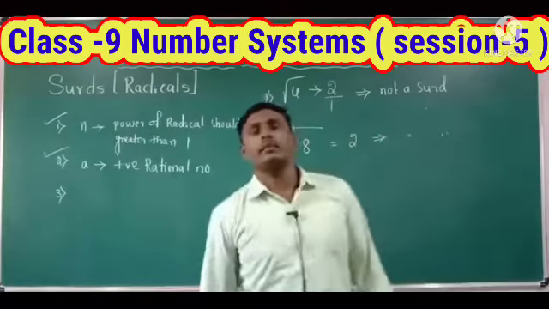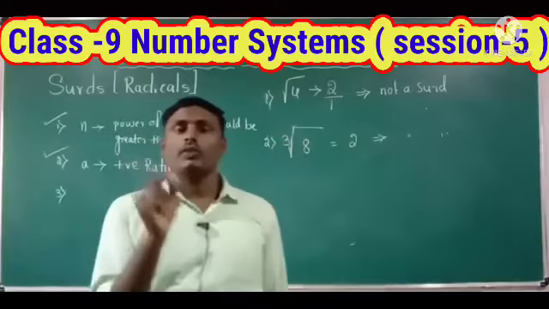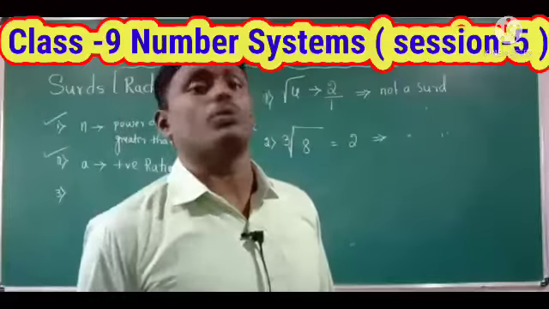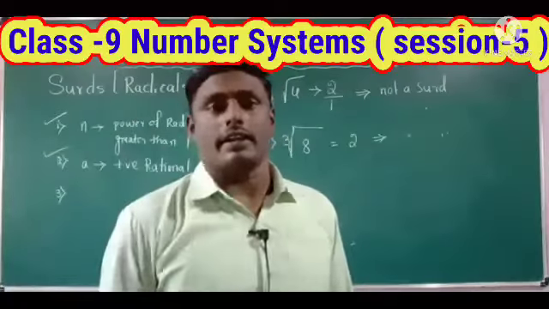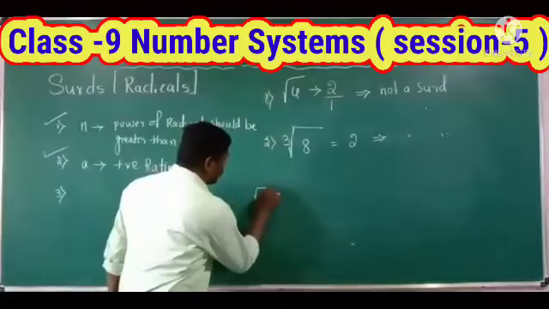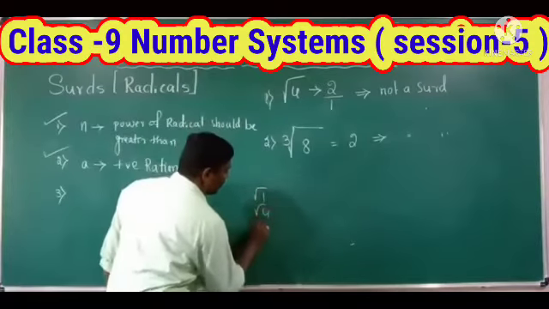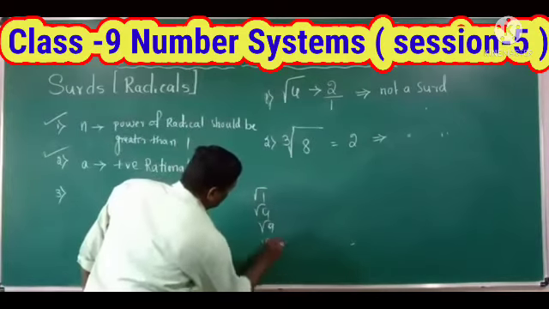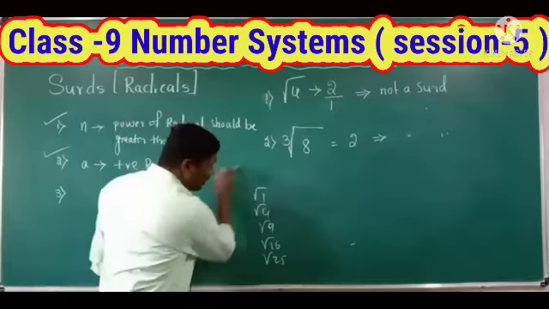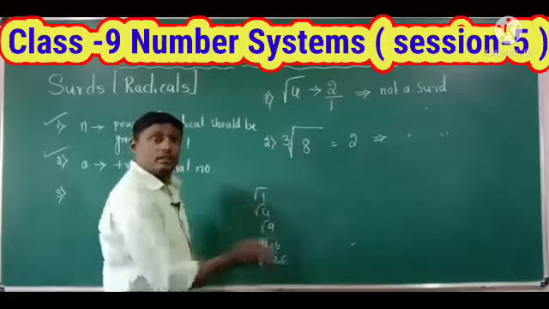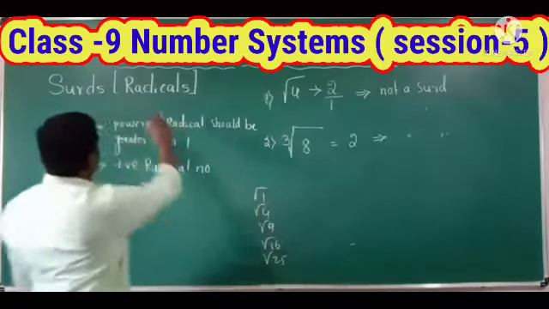So these types, the perfect square roots and perfect cube roots, are not considered surds or radicals. For example, root 1, root 4, root 9, root 16, root 25. All these perfect squares will not be considered surds.